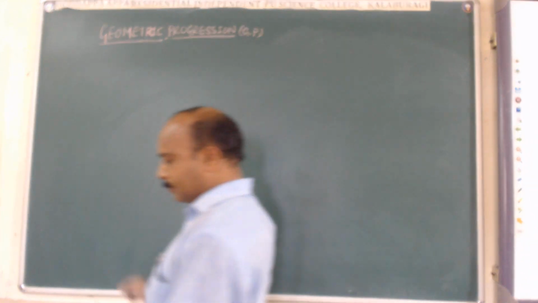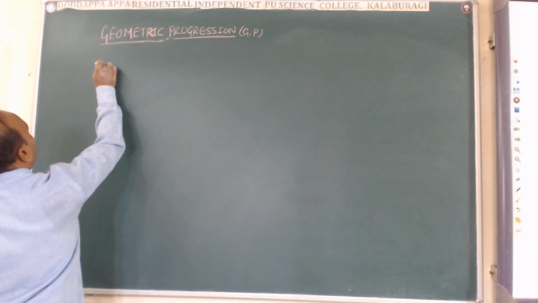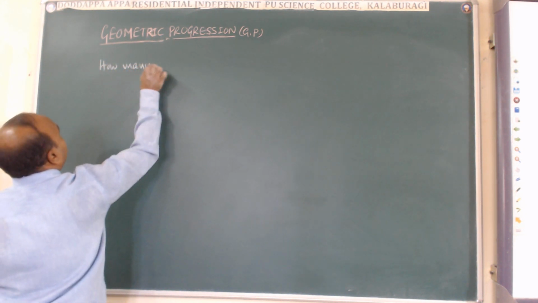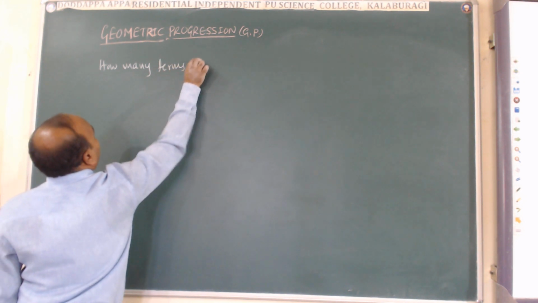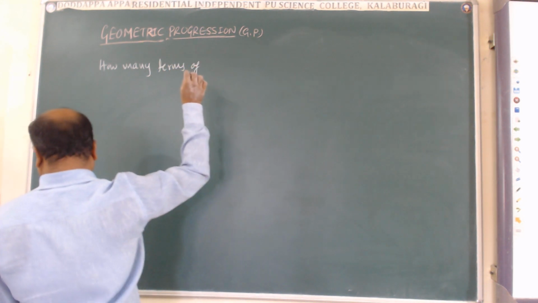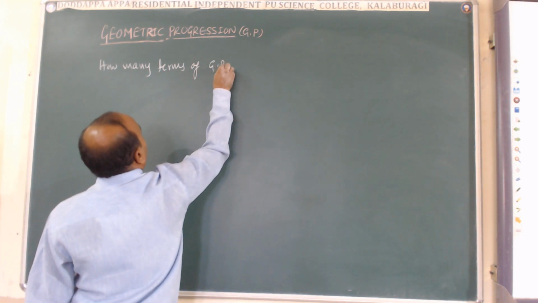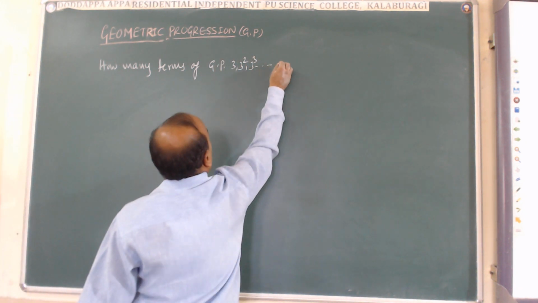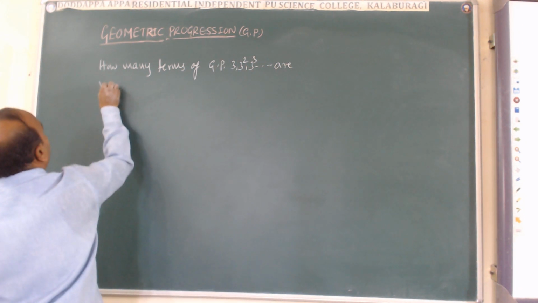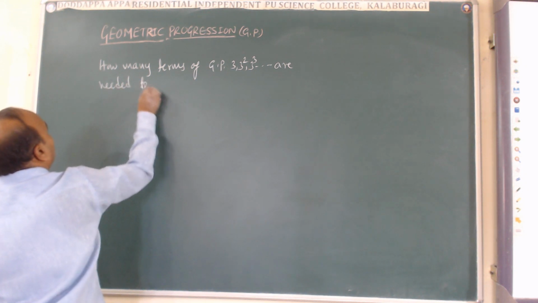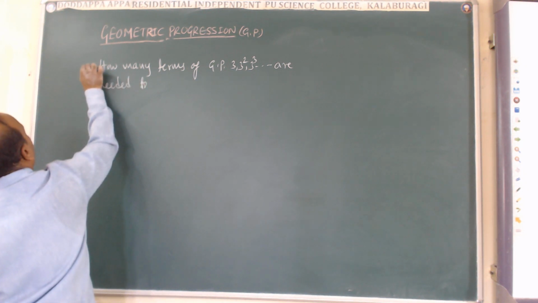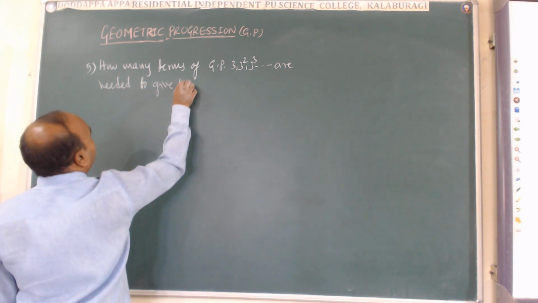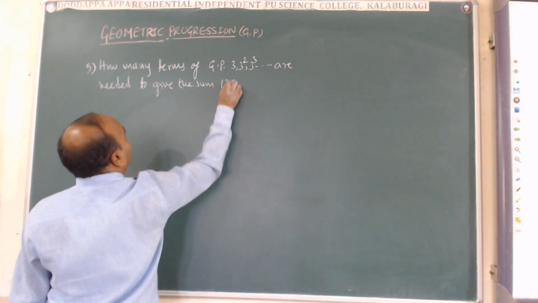Next example. How many terms of the GP 3, 3 square, 3 cube and so on are needed to give the sum 120?